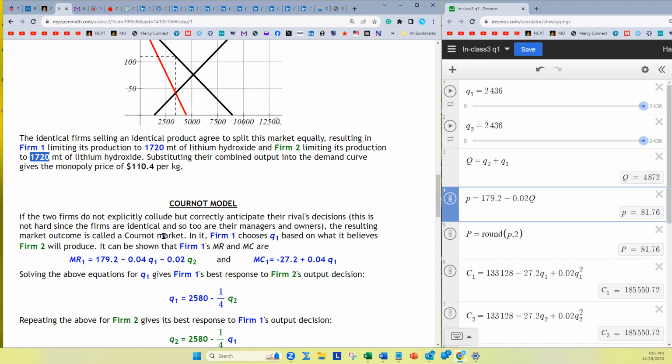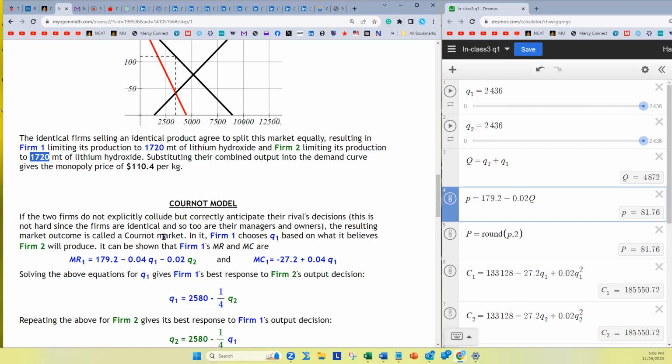So in the Cournot model, the firms do not explicitly collude, but they correctly anticipate their rivals' decisions. Now, this is not hard to do since the firms are identical and their managers are too, and they're free to visit. They can go and look at what their competitors do. It's like a gas station.